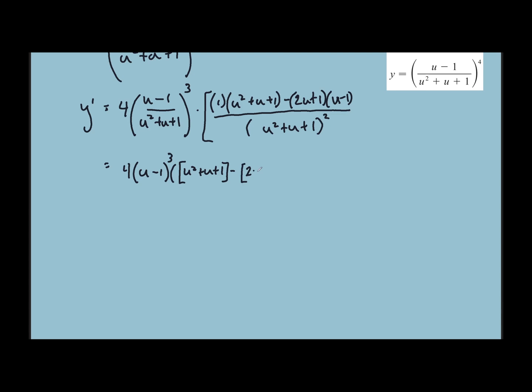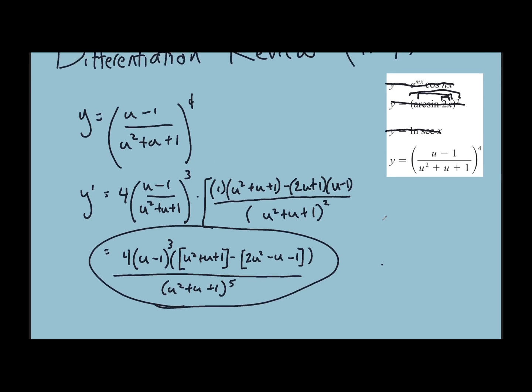That's a 2u squared minus 2u and plus u is minus u, minus 1, over u squared plus u plus 1 to the fifth. So that's ugly, but I don't know that we have any reason to go farther than that with it. That's pretty cool looking.